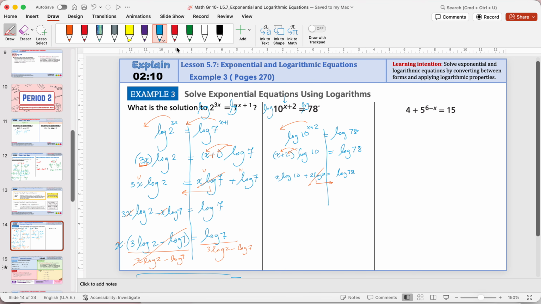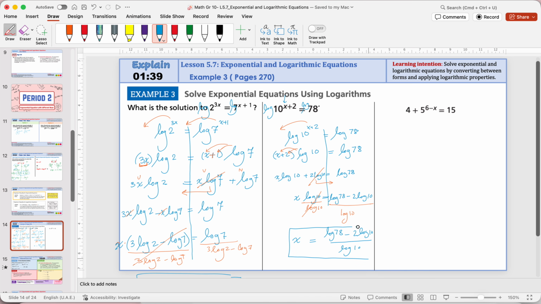So it's going to be log 78 minus 2 log 10 equals x log 10, and then just divide the whole thing by log 10. It's going to be x equals log 78 minus 2 log 10 over log 10.